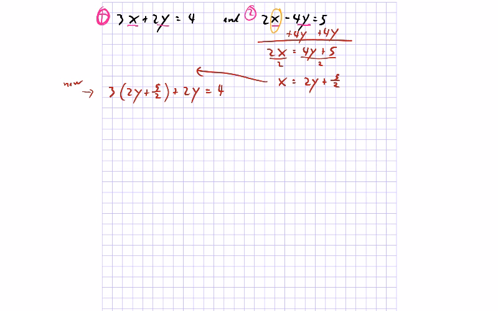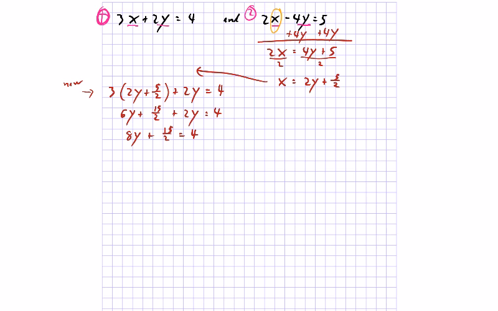We can distribute the 3 on the left-hand side, and we can get that 6y plus 15/2 plus 2y is equal to 4. We can combine like terms on the left-hand side and say that 8y plus 15/2 is equal to 4.